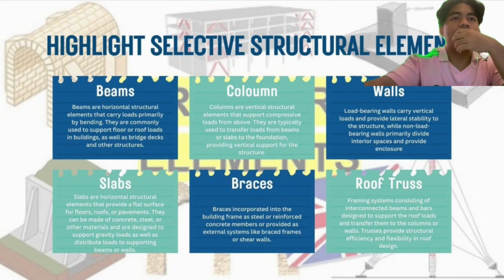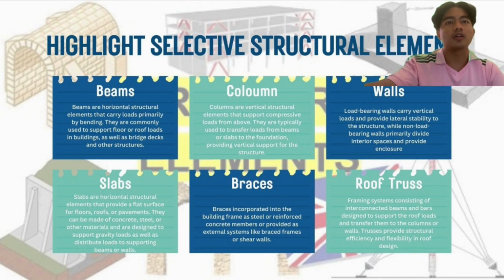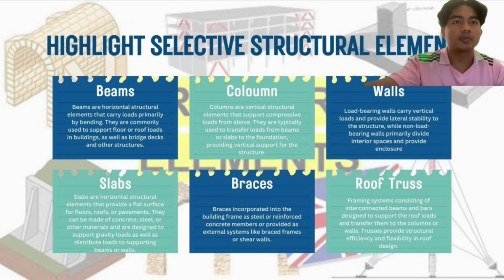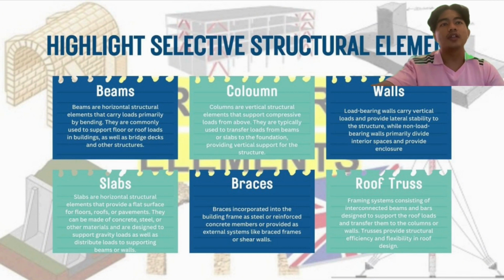To highlight selective structural elements, beams are horizontal structural elements that carry load primarily by bending. They are commonly used to support floor or roof loads in buildings, as well as bridge decks and other structures. Next, columns are vertical structural elements that support compressive load from above. They are typically used to transfer load from beams or slabs to the foundation, providing vertical support for the structure.